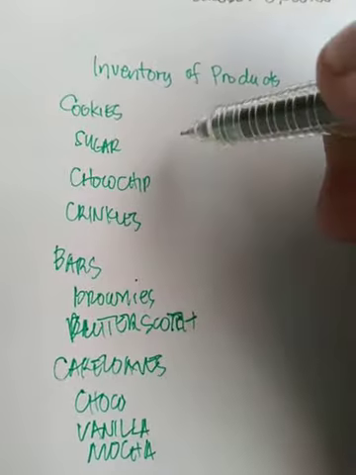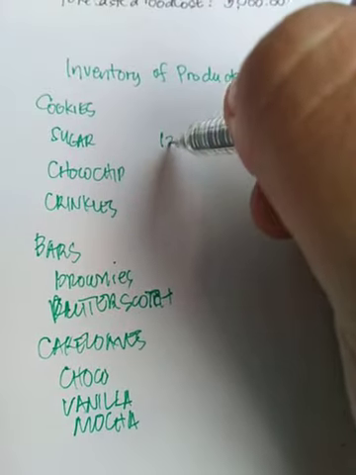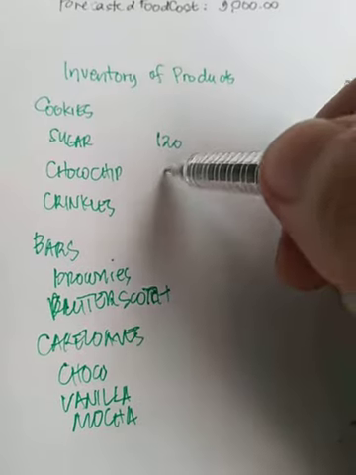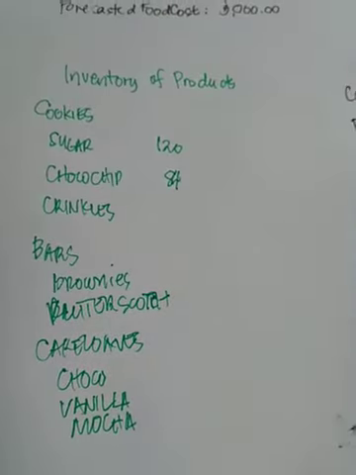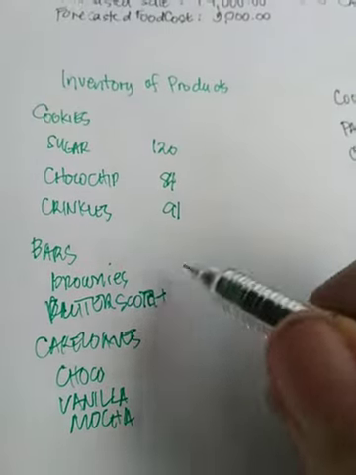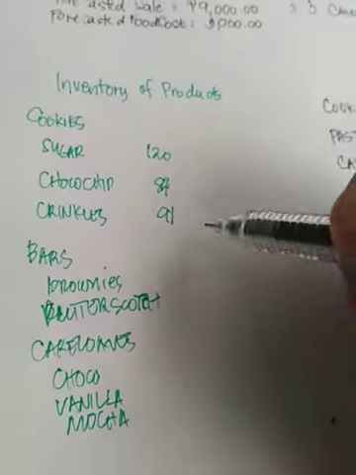So, we computed yung sugar cookies daw ilan. Dapat meron kang 120 pieces na sugar cookies. Dapat meron kang 84 pieces na choco chip. And then, dapat meron kang 91 pieces na crinkles. Meron ka dapat 16 pieces na brownies.